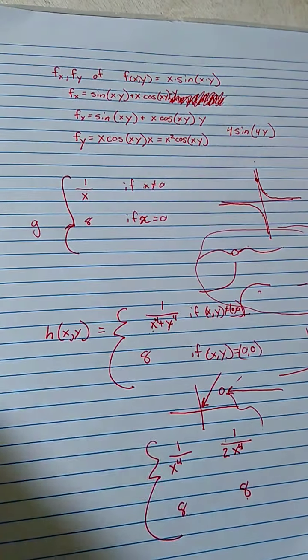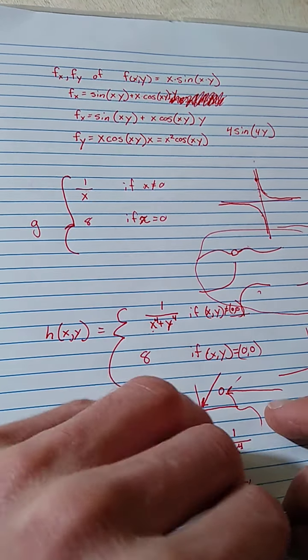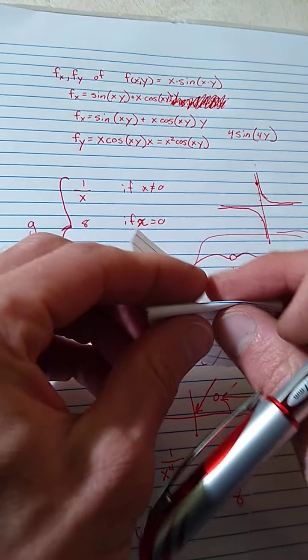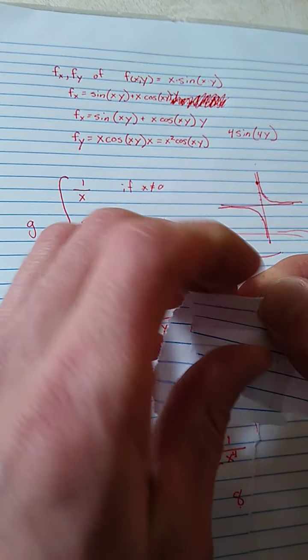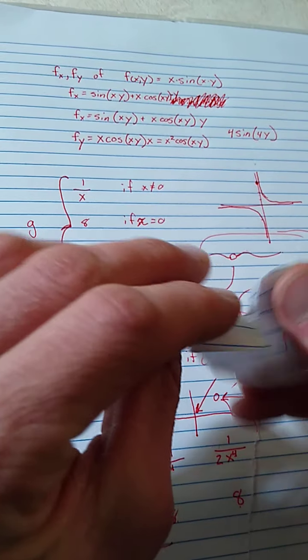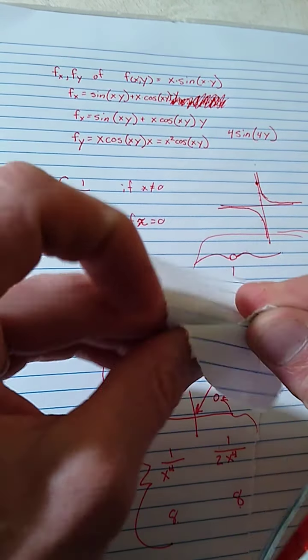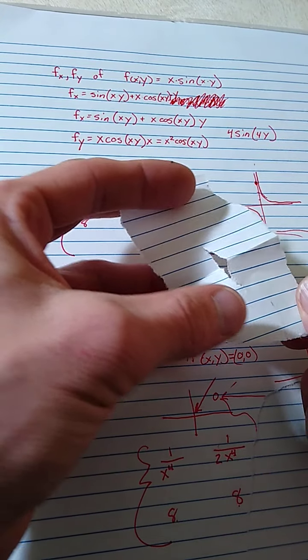On the other hand, I could have some functions where, let's say it actually goes sort of like this. So I could have a function that looks like this.